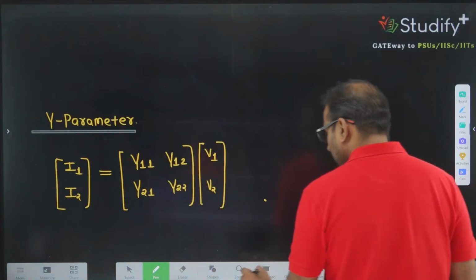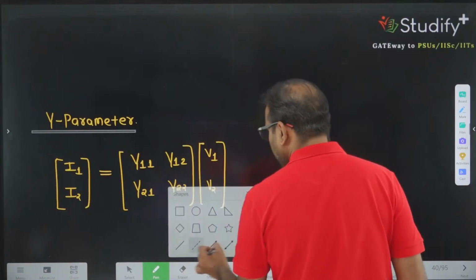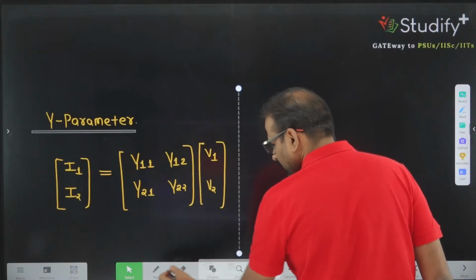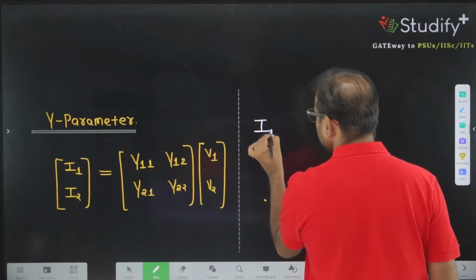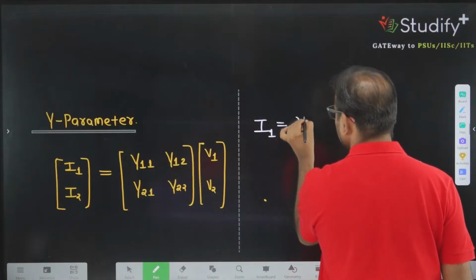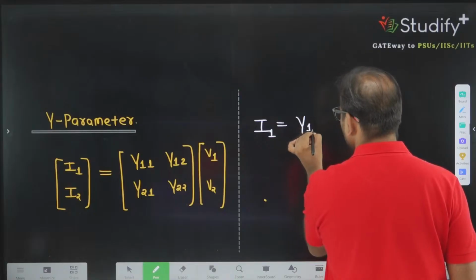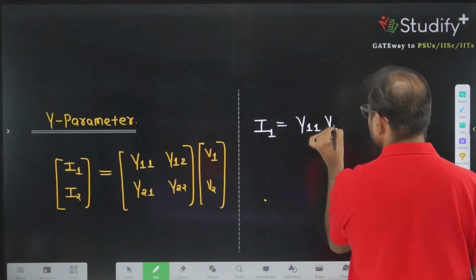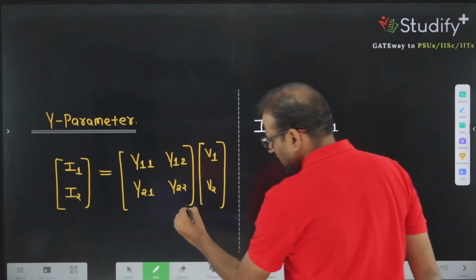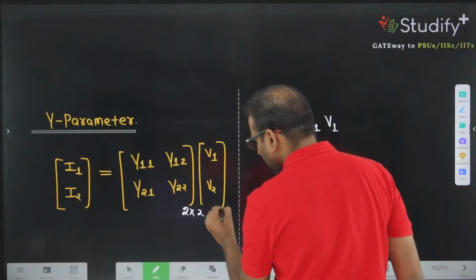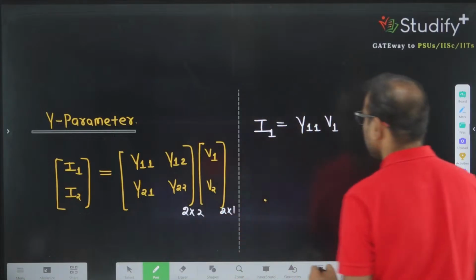Or you can say, how I can write I1? I can write I1 like this. I1 can be written as Y11 V1 plus, just multiplication of, this is 2 cross 2 matrix, this is 2 cross 1, so you will get one matrix.